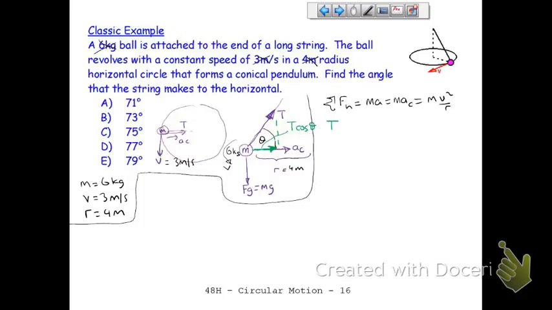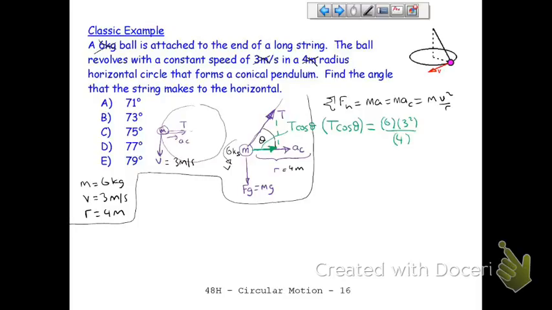So I say T cosine theta is equal to 6 times 3 squared over 4. Well, oh no, you see, I don't know my tension and I don't know my theta. It's a two-step problem. Can you see how it tells me I'm a two-step problem because you don't know everything?